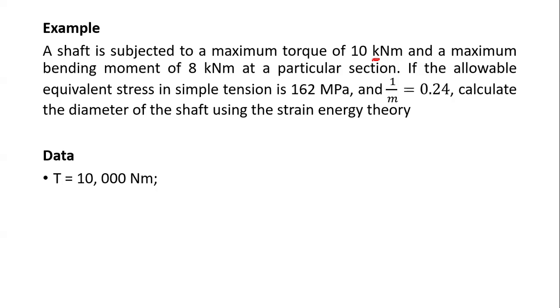So that being the case, we can now say this T is 10,000 Newton meters. Next, you can see there is 8 kilonewton meters. This is for the moment. Again, the kilo represents 1,000. So 8 times 1,000, you get 8,000. So our moment is 8,000.